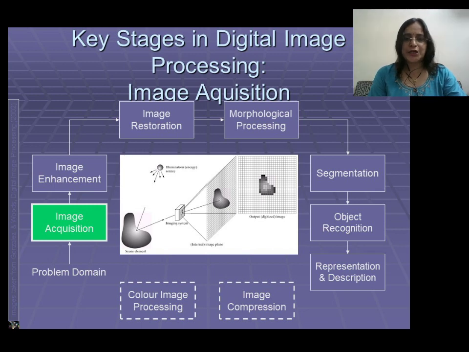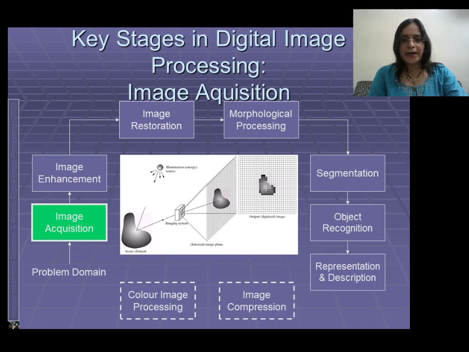Image acquisition is nothing but capturing the image in the presence of light, and whatever the image, that is the analog image, we are converting into the form of a digital image. We require the digital image because we want to store it on the computer, and that's why we always require a digital image. So image acquisition involves everything, that is capturing the image in the presence of certain light.